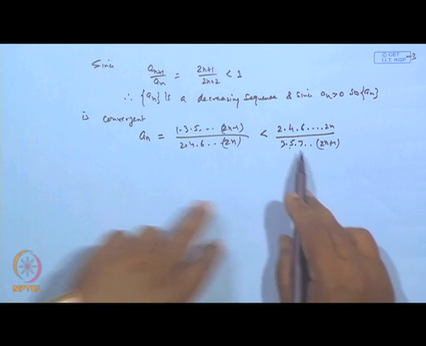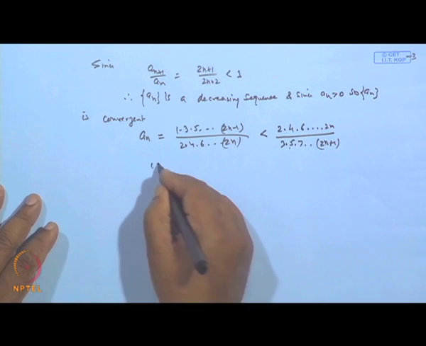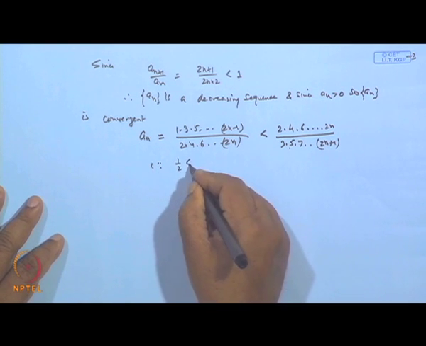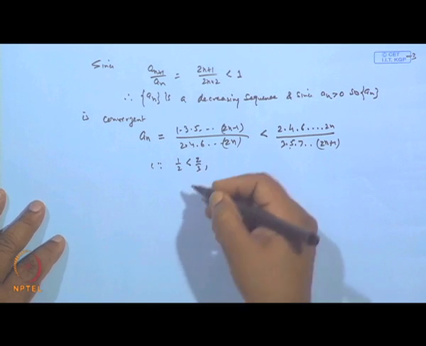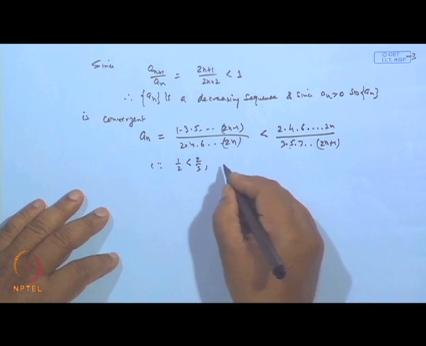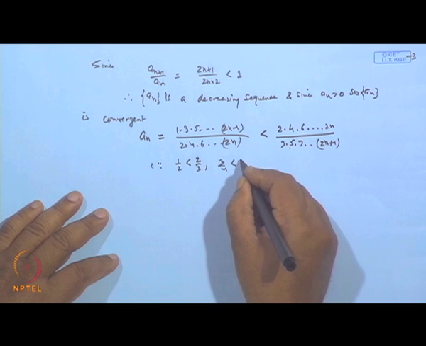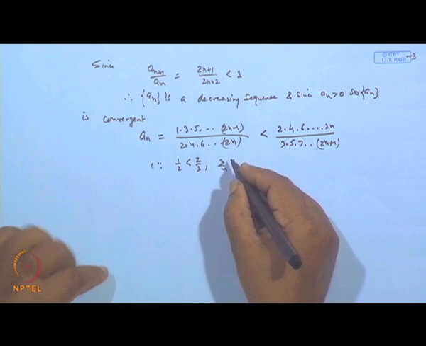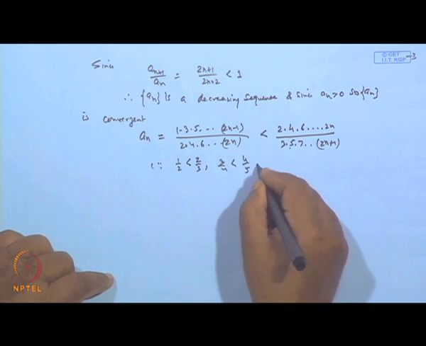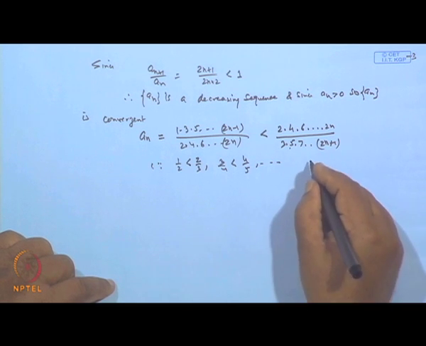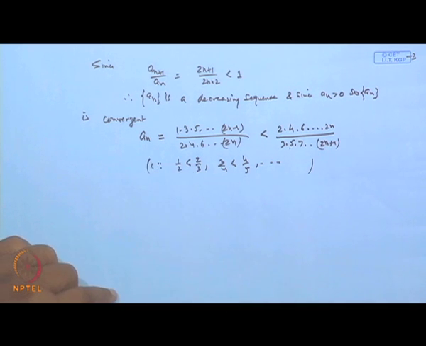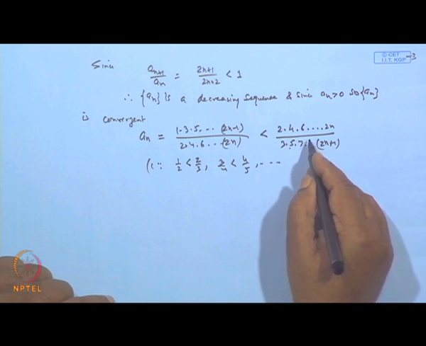So we can say this is less than, because half is less than 2 by 3, 3 by 4 is strictly less than 4 by 5, and continue. So we can say this. Okay. So, a n is less than this, a n is this.